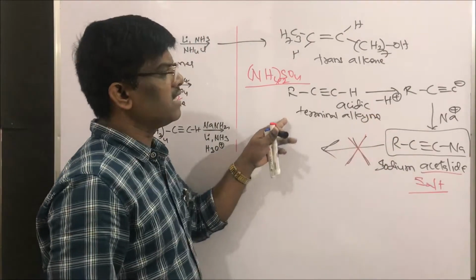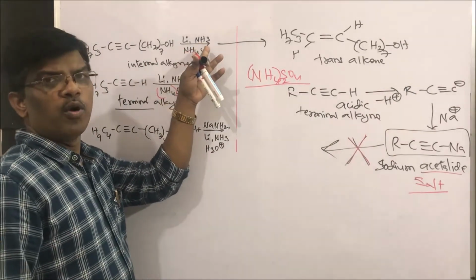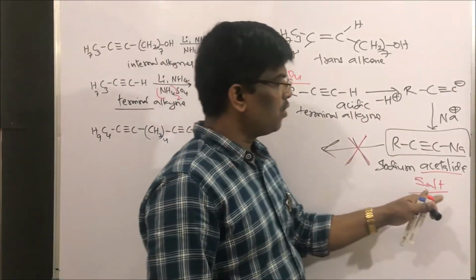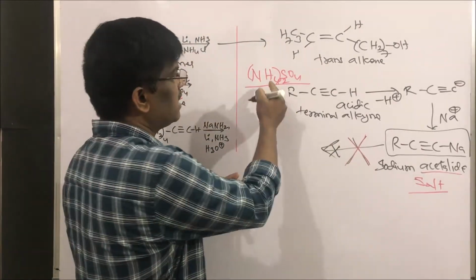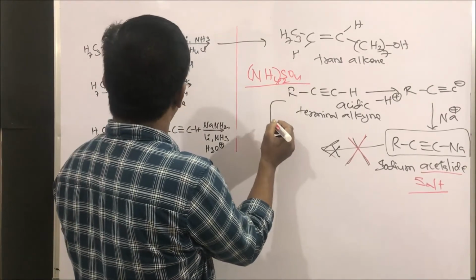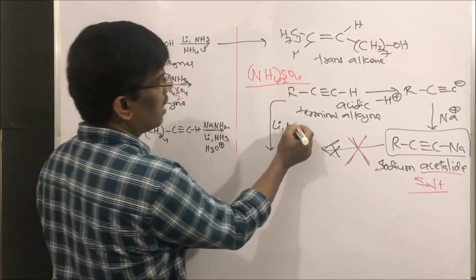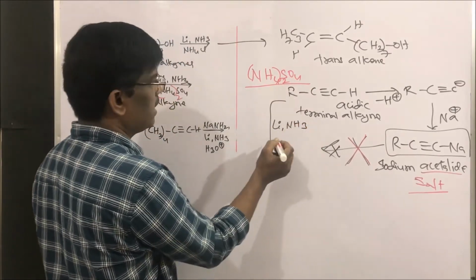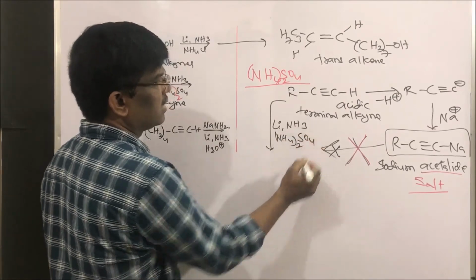Terminal alkynes under the usual reaction conditions, that is, metal and ammonia, are not going to undergo further reaction. However, to overcome this, just add ammonium sulfate, for example, lithium, ammonia followed by ammonium sulfate.